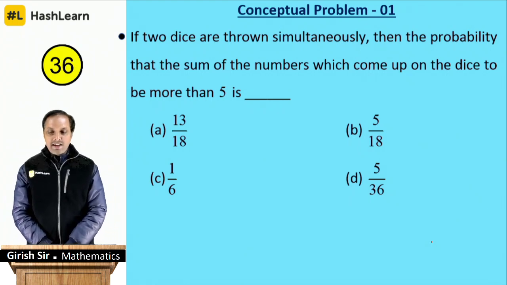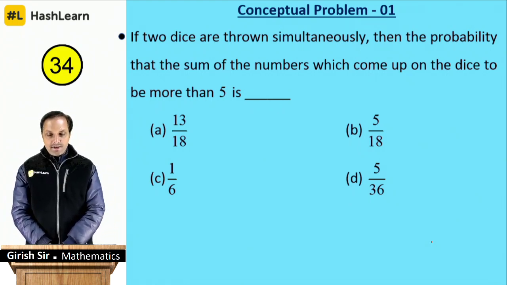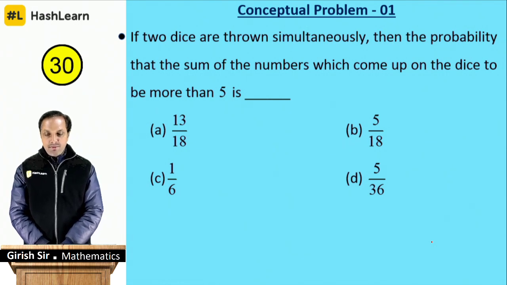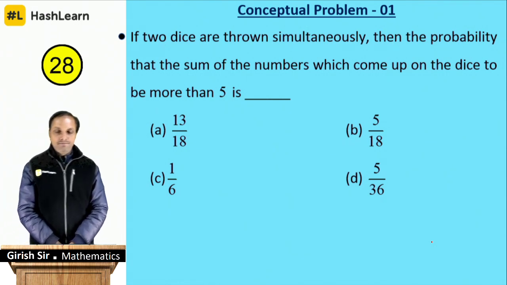Two dice are thrown simultaneously, then the probability that the sum of the numbers which come up on the dice is more than 5.